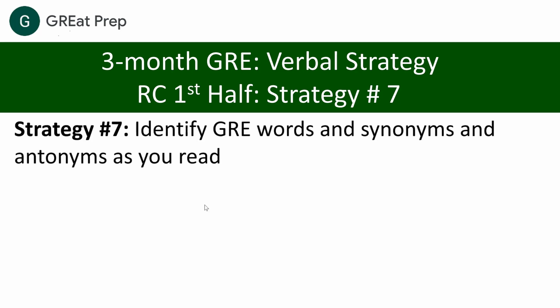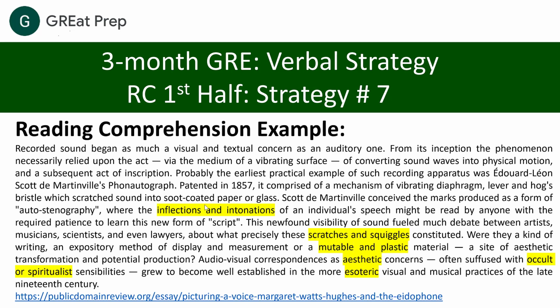Strategy 7. As you're reading the passage, you should identify GRE words and words that are synonyms and antonyms as you read. For example, you can find synonyms, antonyms, and GRE words in the passage that I've highlighted here.